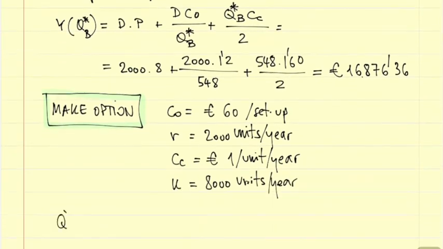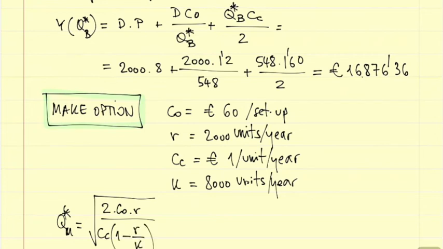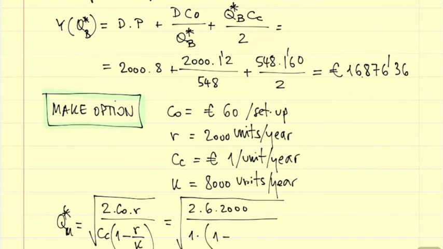So Q star make equals the square root of 2 times CO times R divided by CC times (1 minus R divided by K), which equals 2 times 60 times 2000 divided by 1 times (1 minus 2000 divided by 8000).